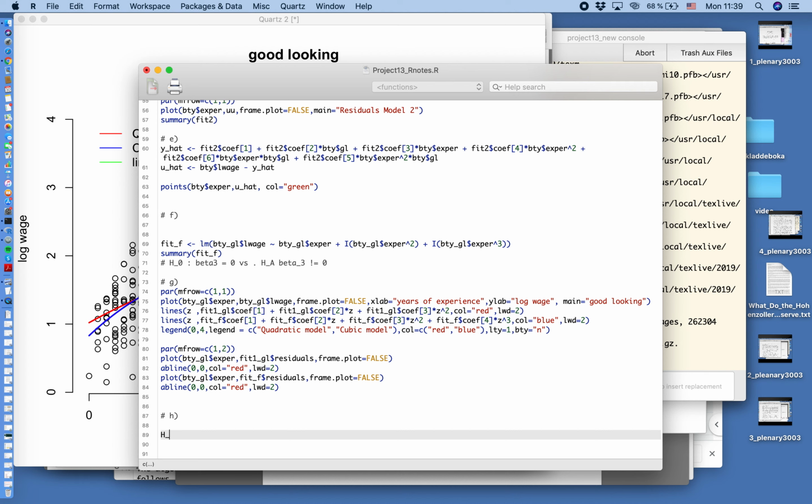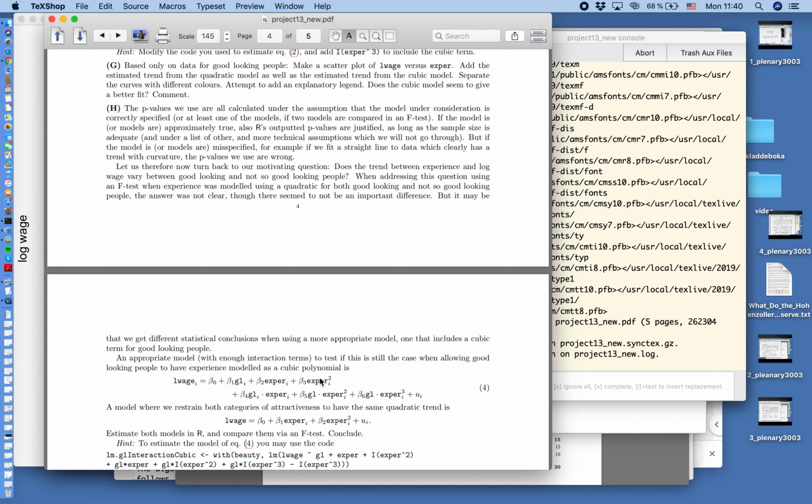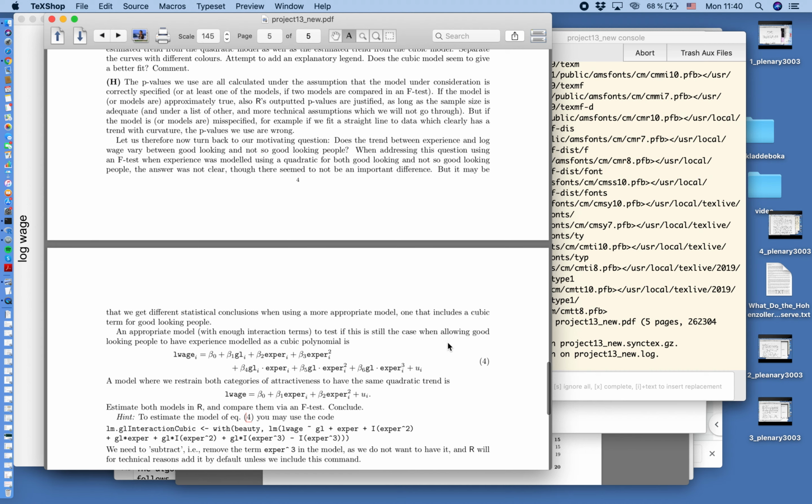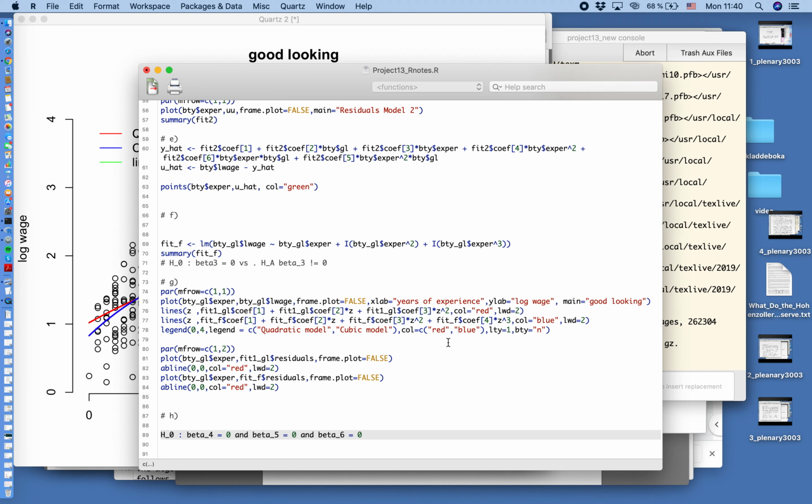Now we want to test the hypothesis that beta 4 equals 0 and beta 5 equals 0 and beta 6 equals 0. So that's 4, 5, and 6. Let's call that fit 4. I don't know if I've used that already, but now we're supposed to fit it on the whole data set.